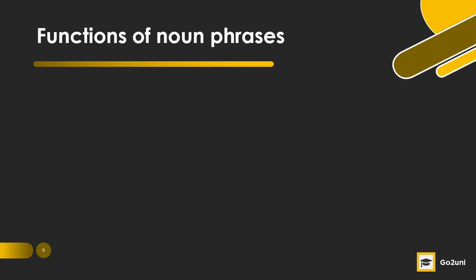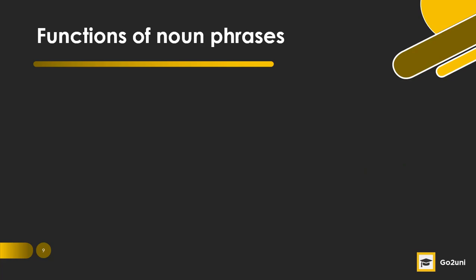They can function as a subject of a sentence. They can function as object of a verb or the sentence. They can function as subject complement. They can function as object of preposition and the rest of them. So the same functions that nouns carry out in sentences are the same functions that noun phrases do in sentences.